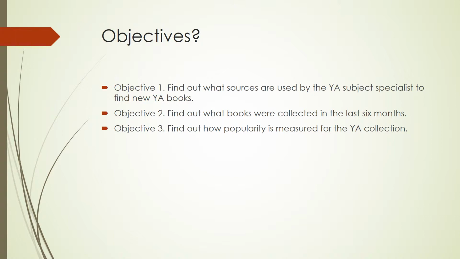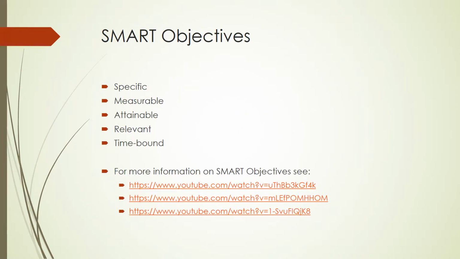Find out what sources are used by the YA subject specialist in the library you're working for to find new YA books, young adult books. So we're going to look at those objectives and make them SMART. We're going to make it specific.